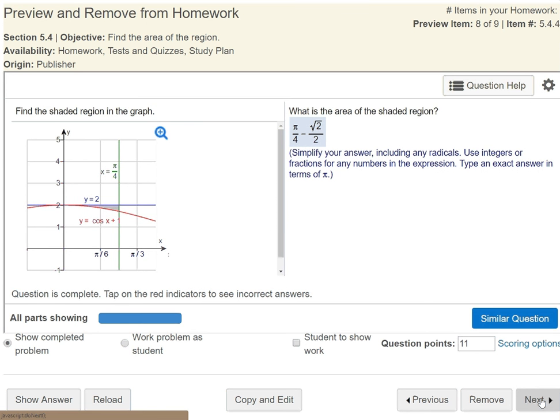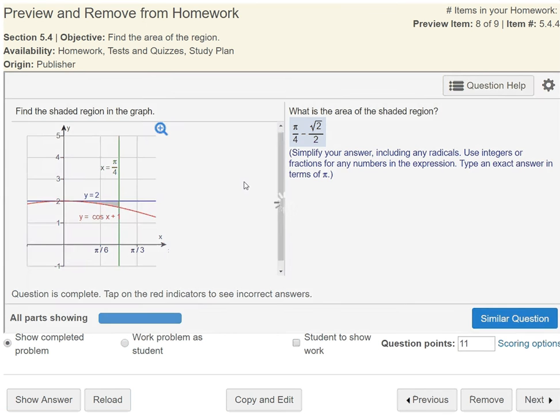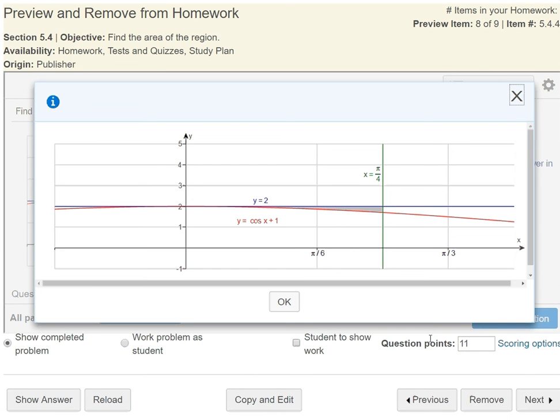Okay, how about that one? You want to find the shaded region there. I'd have to subtract, wouldn't I? I would be looking at what area minus what area to get the shaded region.